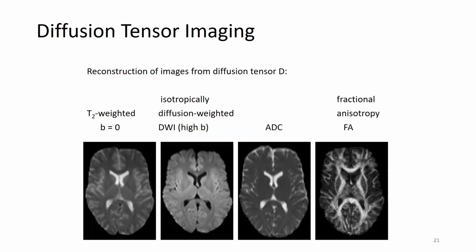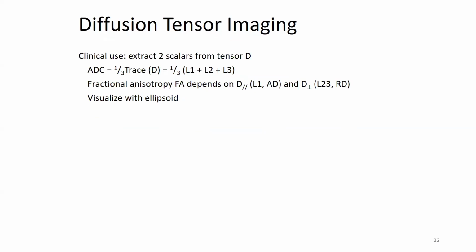No, I think my presentation is correct for answering your questions, because I hope I can explain it here. So typically, from the diffusion tensor that I calculate, I extract two different maps. Typically this ADC, well, it is the trace of the tensor.